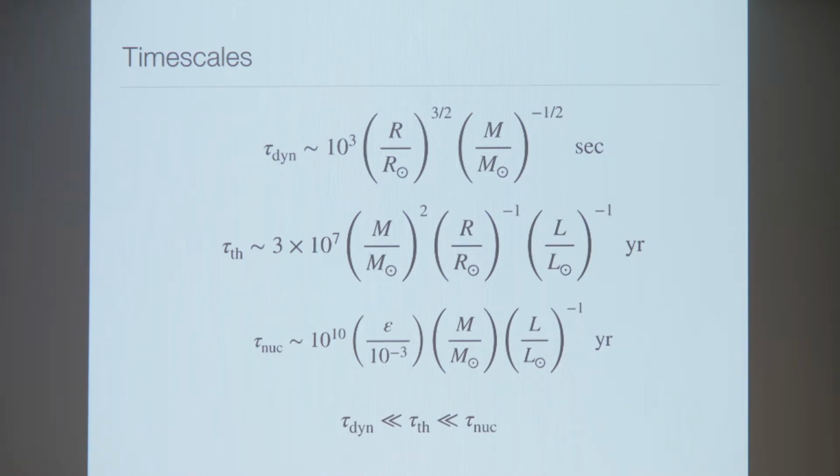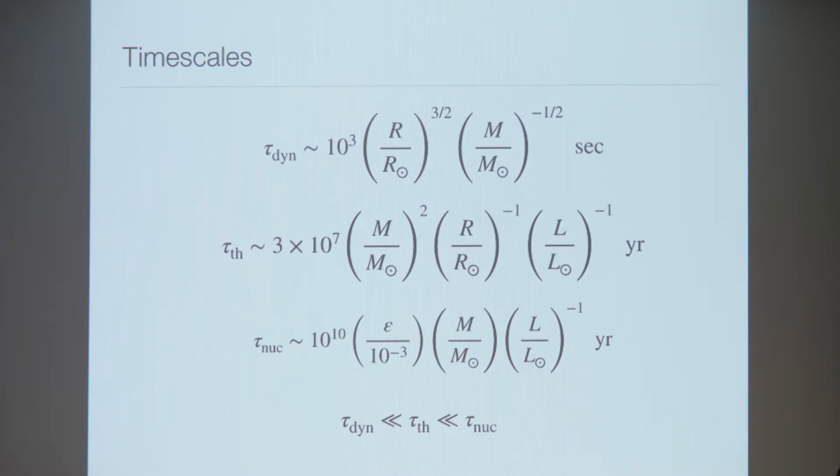And so the dynamical timescale is very short, but the thermal timescale is still very long. If we see many stars in the sky, we cannot tell whether they are in thermal equilibrium or not just by observing them, because it takes 30 million years for the star to adjust itself to thermal equilibrium.